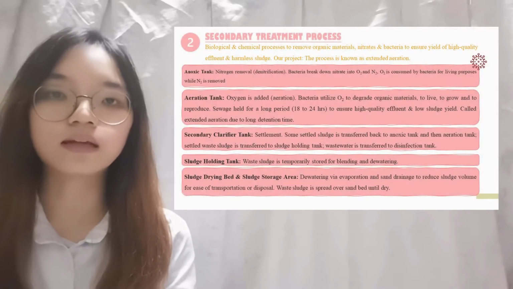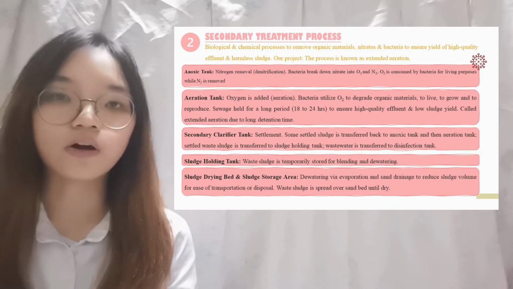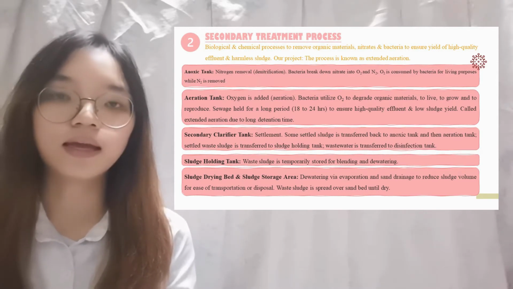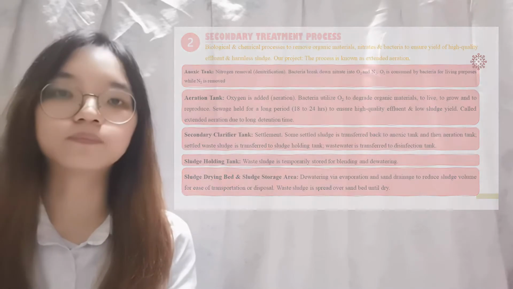In this process, nitrate, harmful substances, and organic materials will be removed from the wastewater to ensure the sludge produced is harmless. The units in this process are aeration tank, anoxic tank, secondary clarifier tank, sludge holding tank, and sludge drying bed.